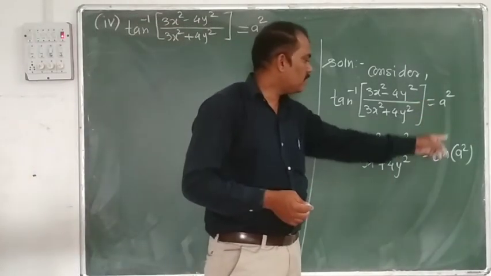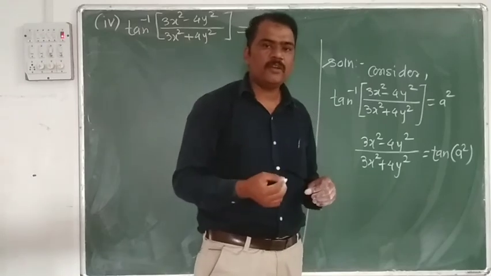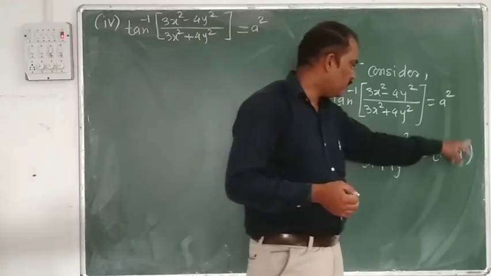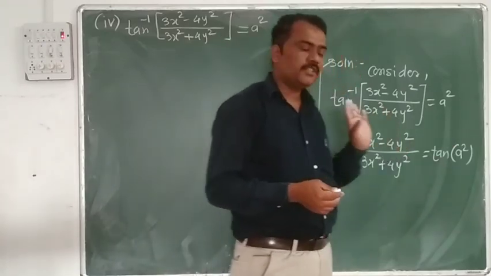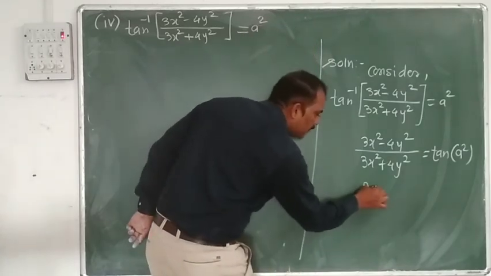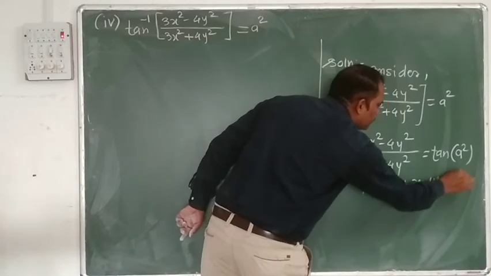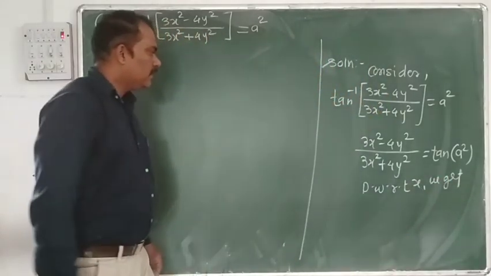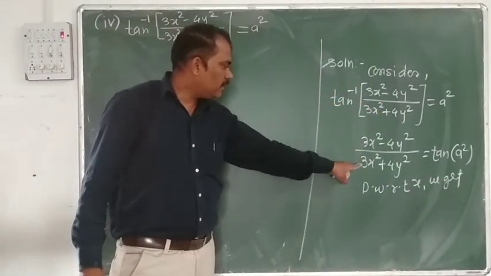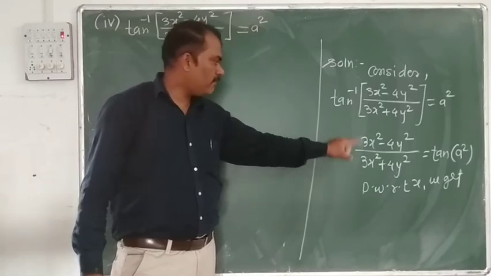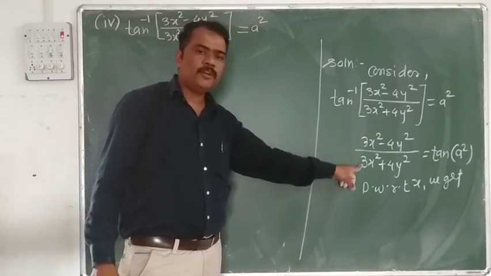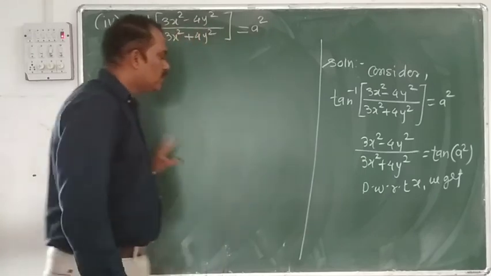A square is a constant, so the value of tan of a square is also constant. So when we take the derivative of this, it becomes 0. So we differentiate with respect to x. Here we have to use the quotient rule: denominator into derivative of numerator minus numerator into derivative of denominator divided by denominator square.